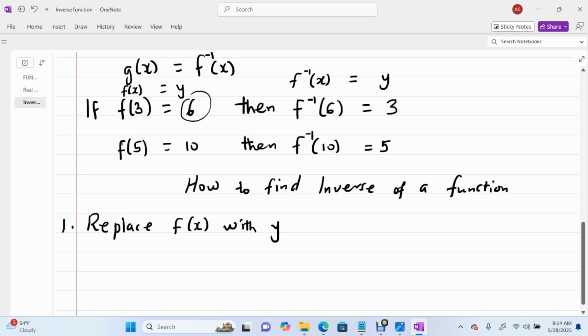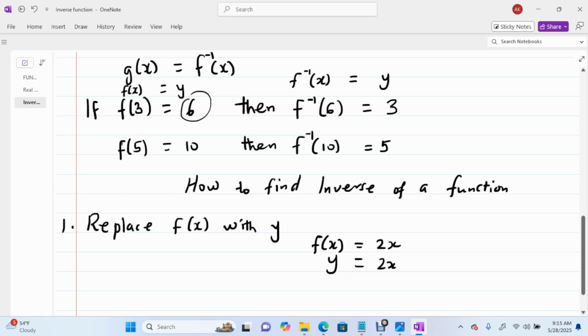We do that just to make our lives easier. It's easier to work with a y than to be working with f of x. So if you're given a question like f of x is equal to 2x, all we are saying is just make it y is equal to 2x.